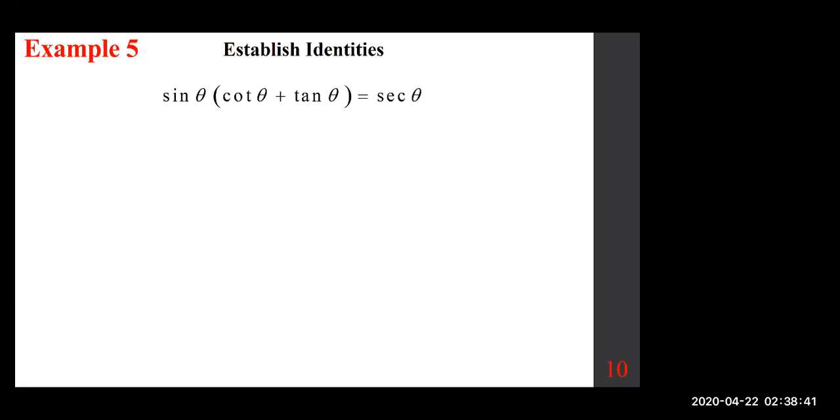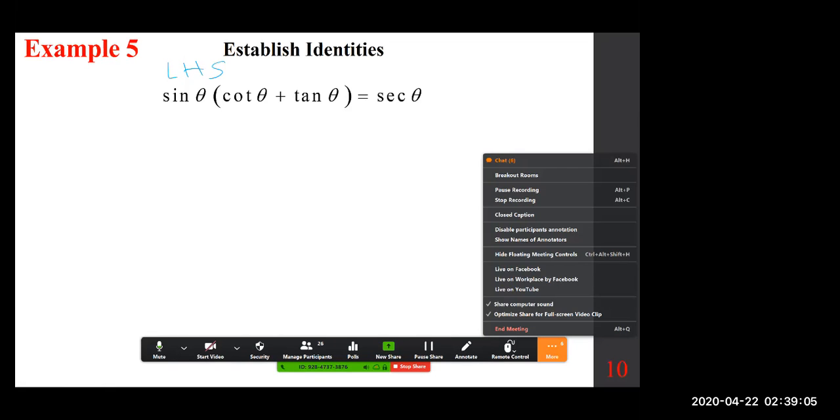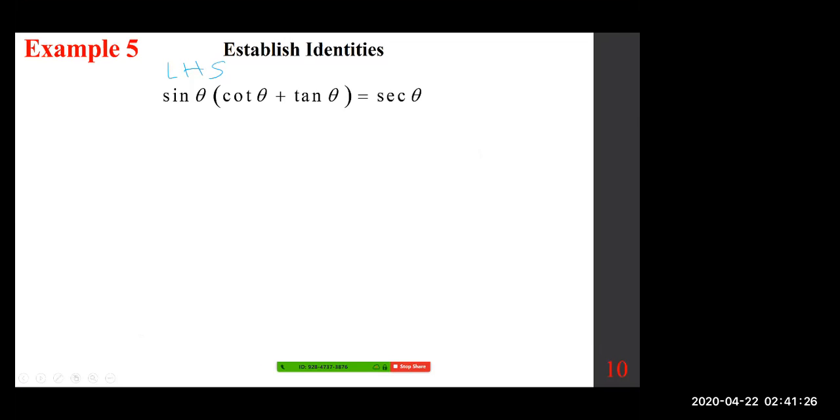Generally speaking, how do you do that? You start with the more complicated side. So in this case, and sometimes I use this, LHS standing for left hand side. As you can see, the left hand side is more complicated. Therefore, use the left hand side to get to the right. Go ahead and do that.